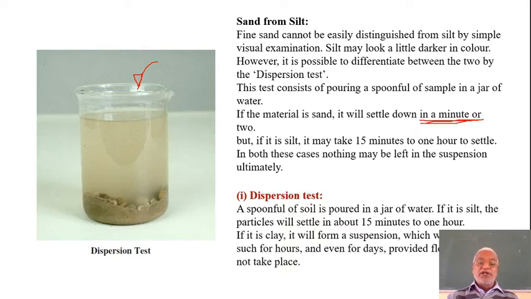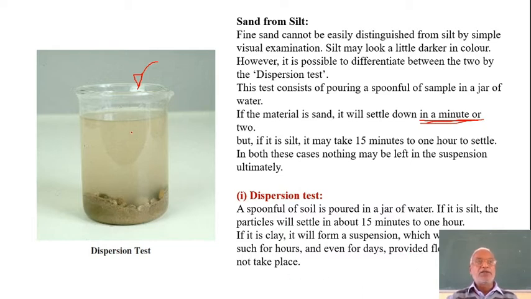What is dispersion test? A spoonful of soil is poured in a jar of water. If it is silt, the particles will settle in about 15 minutes to 1 hour. If it is clay, it will form a suspension which will remain as such for hours together, even for days, provided flocculation does not occur.